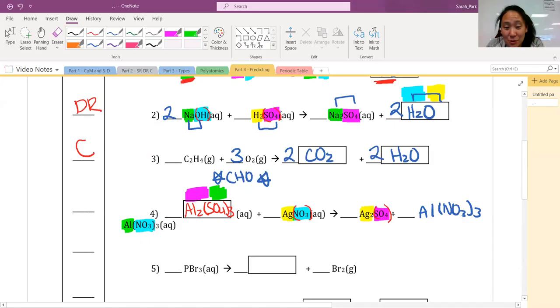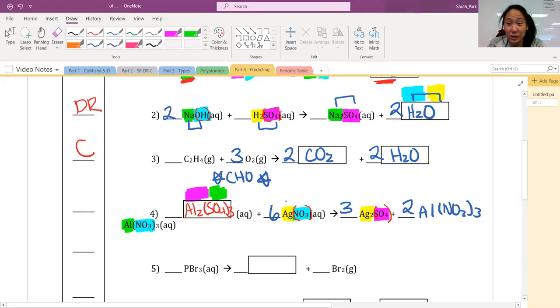Like if I put a 2 here, oh, that's not gonna work. So if I put a 2 here and a 6 here and a 3 here, right? If I gave you these numbers already, then the only one that actually balances out is this one, okay? Because the other one, no matter what you do, is not going to balance out. You're gonna keep getting the wrong number.